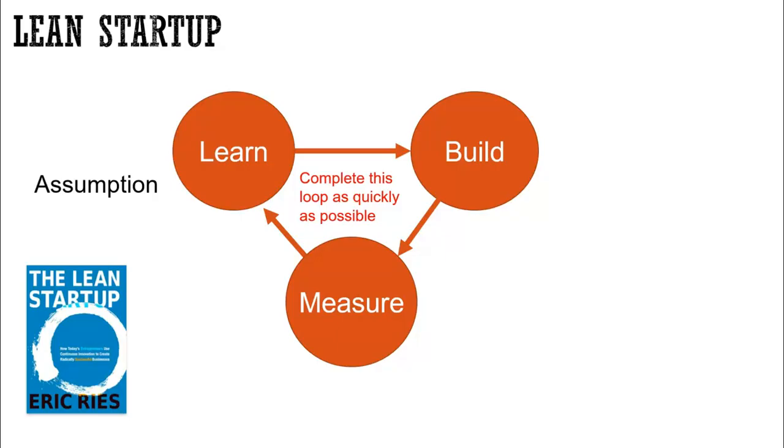You identify the different assumptions about your solution. Then to validate those assumptions, you ask what metric you would measure to validate whether your assumption is correct or not. Based on that metric, you create an experiment that allows you to measure it. Then you complete this loop as quickly as possible. The experiments have to be really small, and then you can do the same cycle again and again.